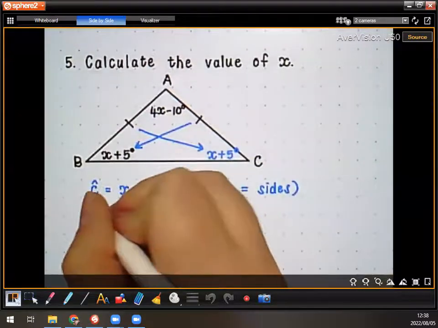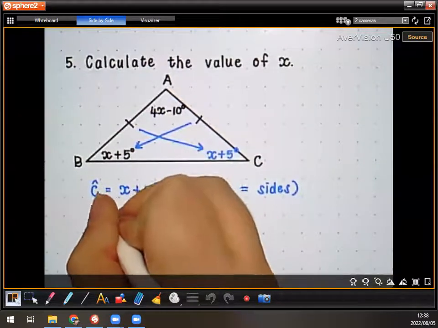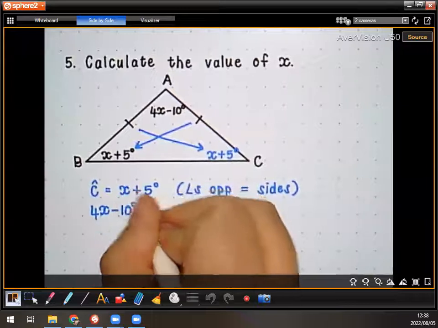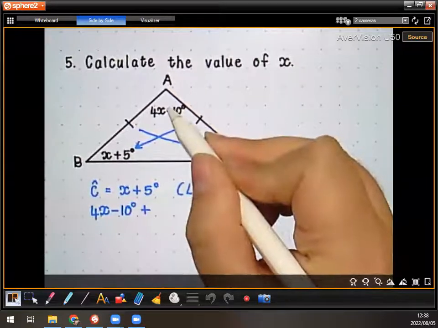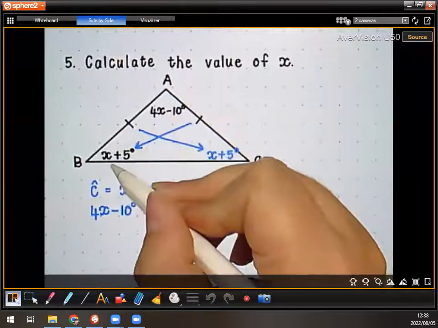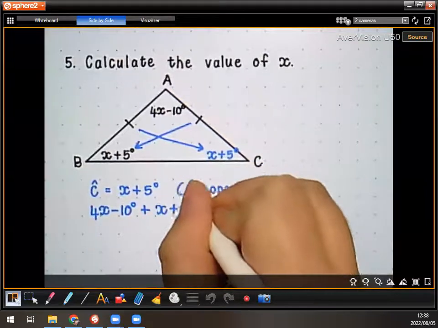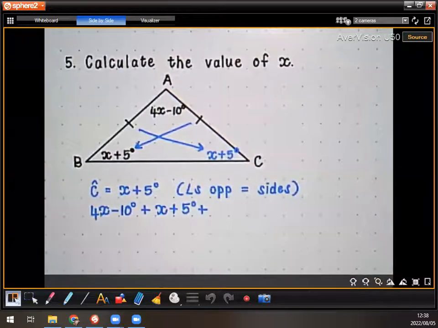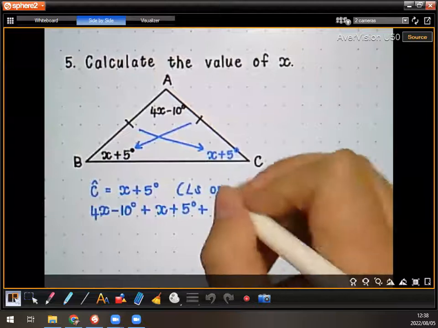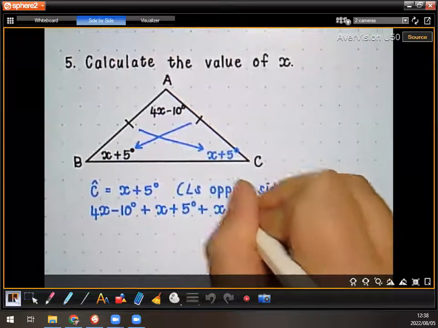Alright, so now we're going to say 4x minus 10 degrees, that's angle A, plus angle B, which is x plus 5, plus angle C, which we also said is x plus 5 degrees.